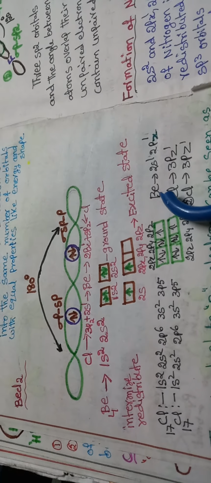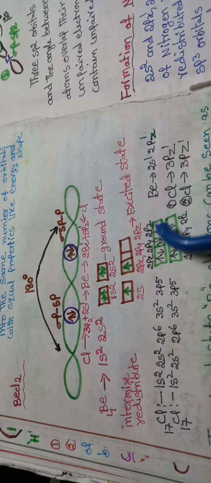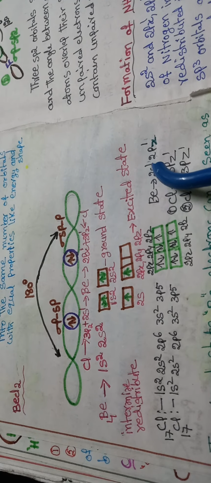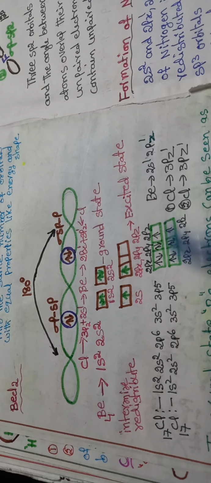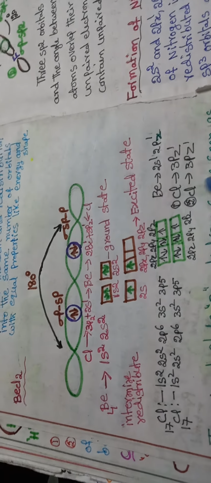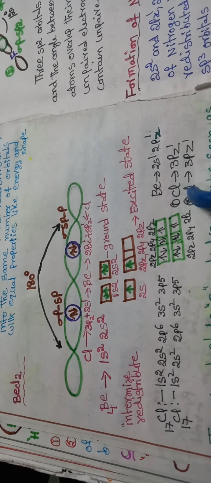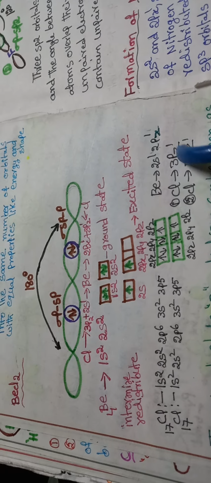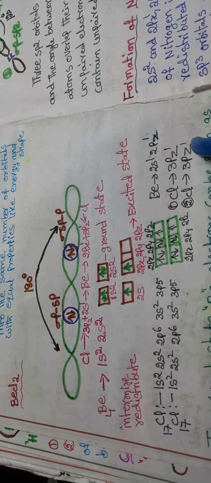So beryllium's unpaired electrons are 2s1 and 2pz1, and chlorine has unpaired electrons 3pz1, 3pz1.